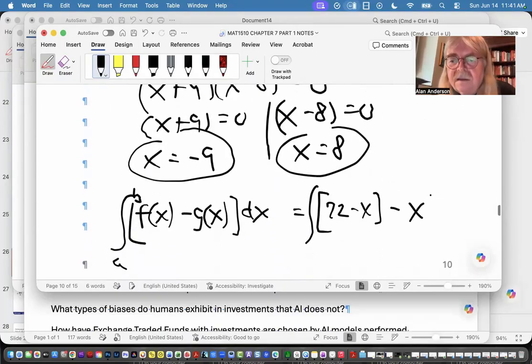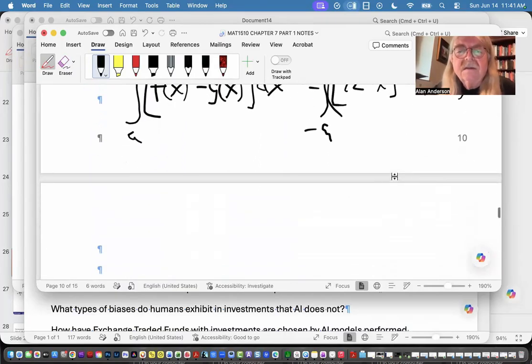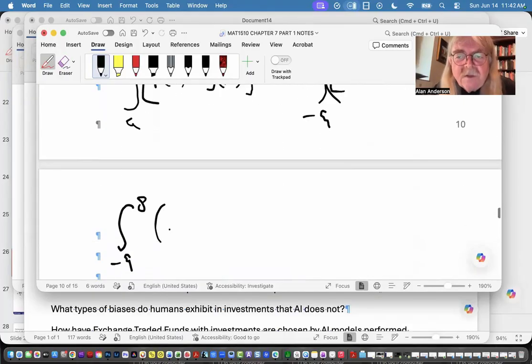Okay. And the range of values is from -9 to 8. So we can simplify this. So what do we have again? 72 minus x.